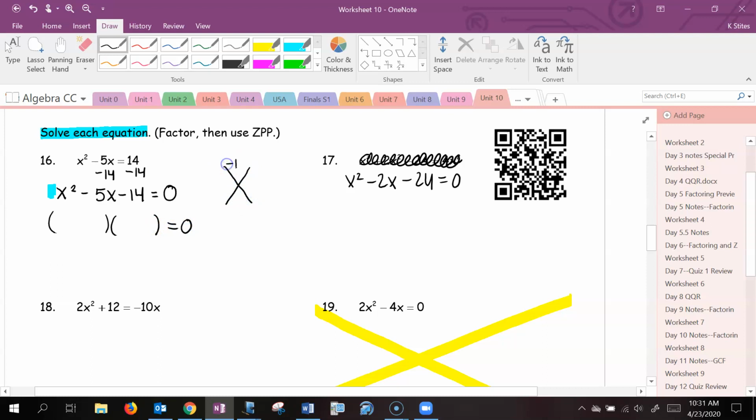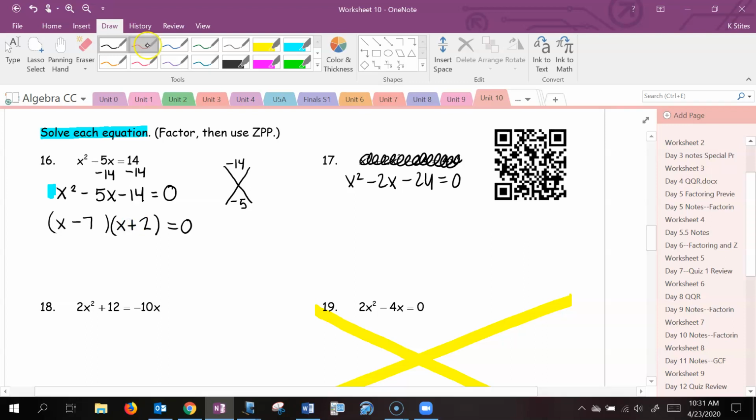Okay, we are multiplying to negative 14 and we are adding to negative 5. All right, so take a minute to think about what those numbers are. It should be a 7 and a 2, but because we have a negative 5 here, that means our bigger number, the 7, is negative. Okay, so now we have this extra step.